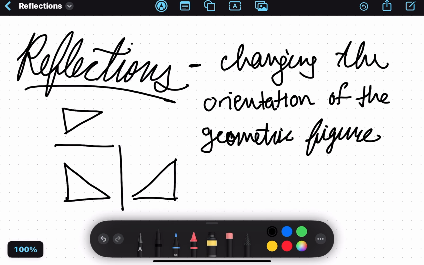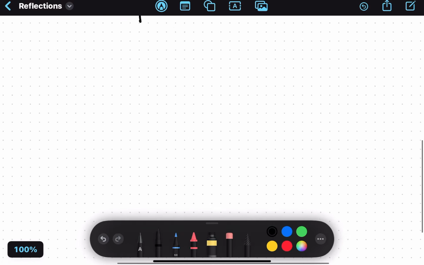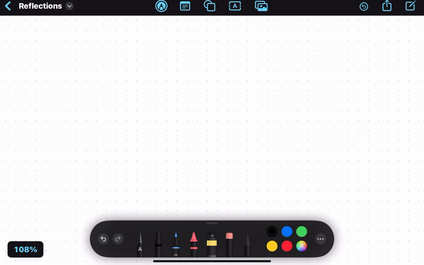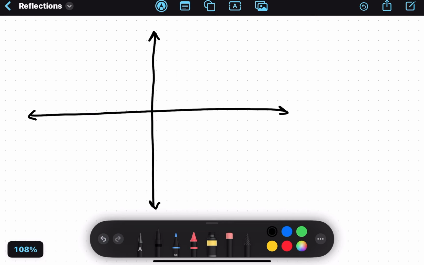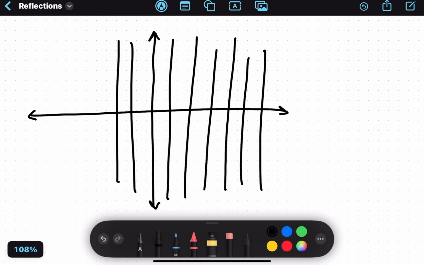So let's start with geometrically or graphically. Okay, so let's say we have a coordinate plane and I'm going to draw some lines here. So we have some units to make this nice and accurate.